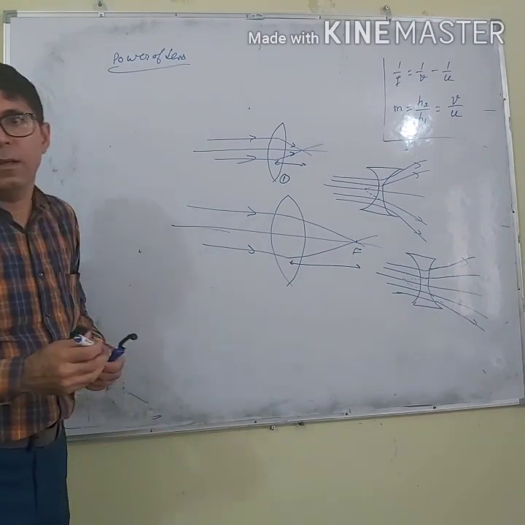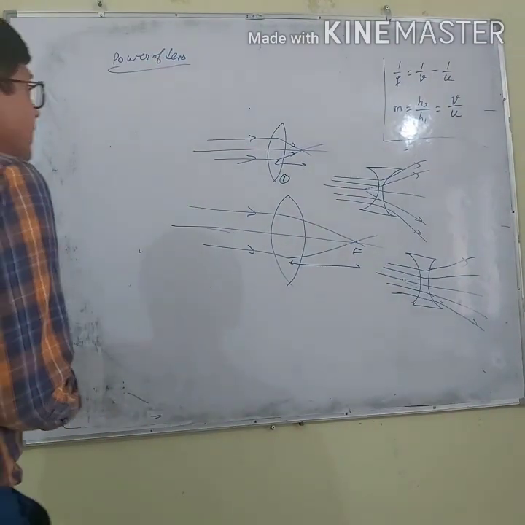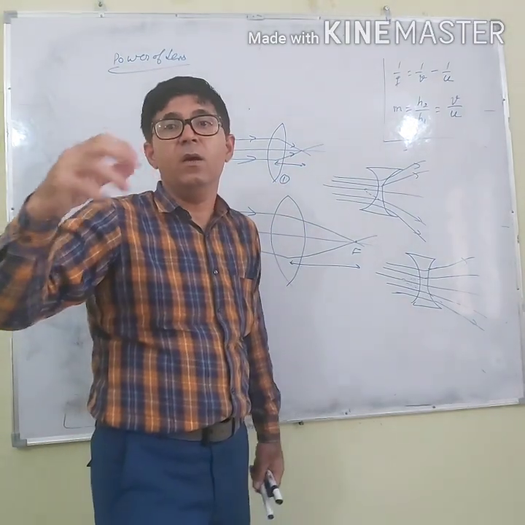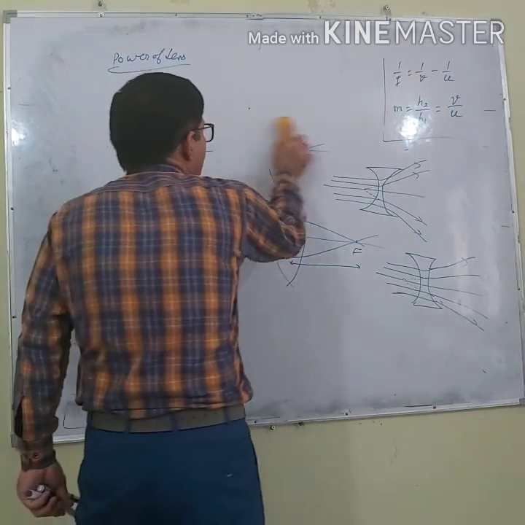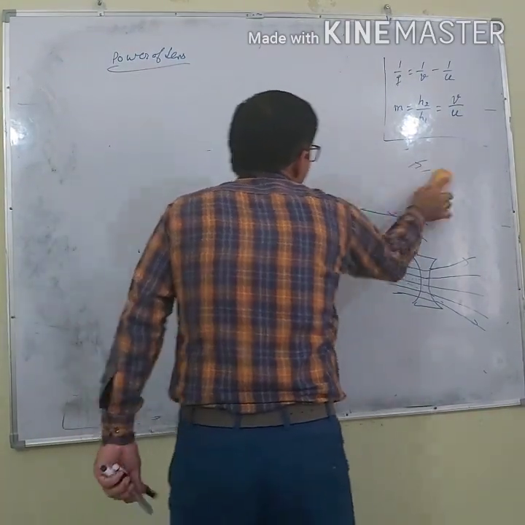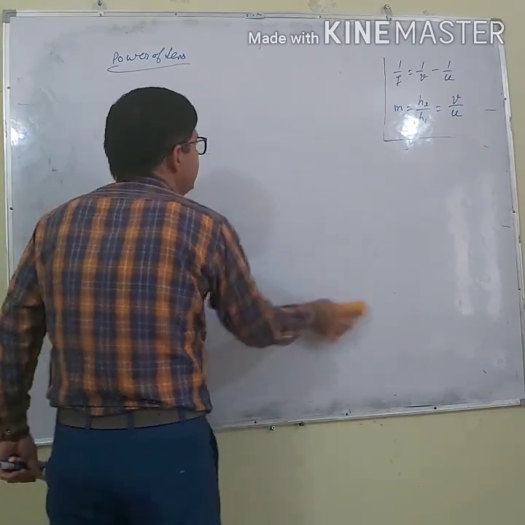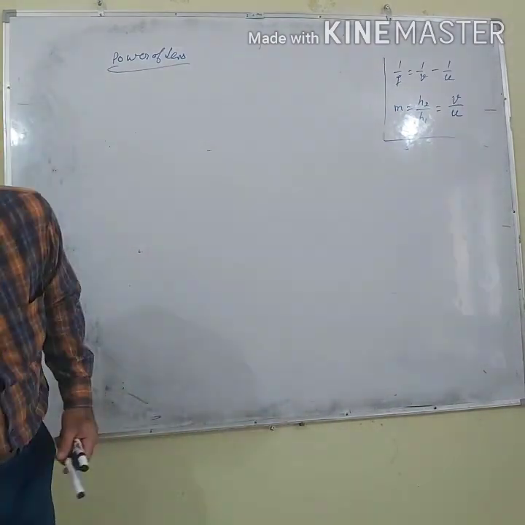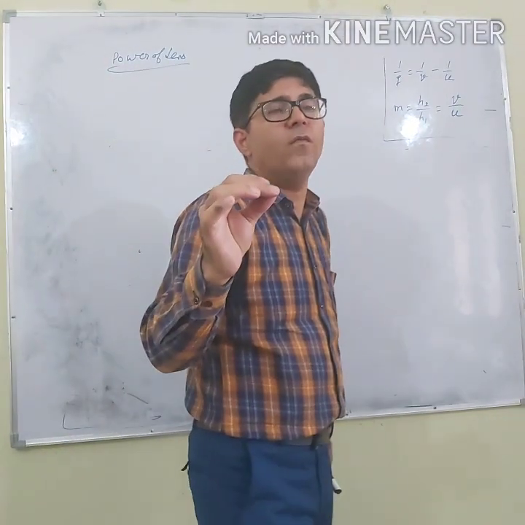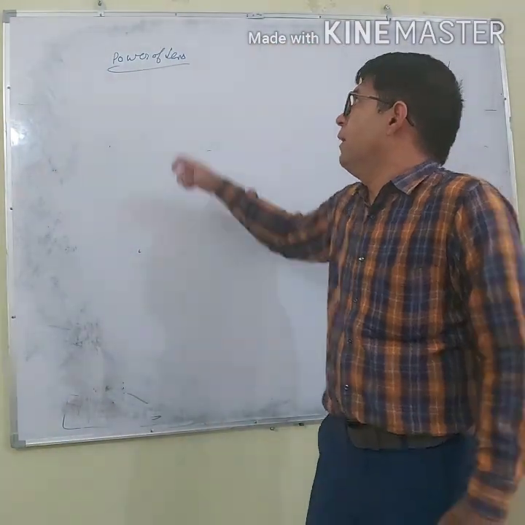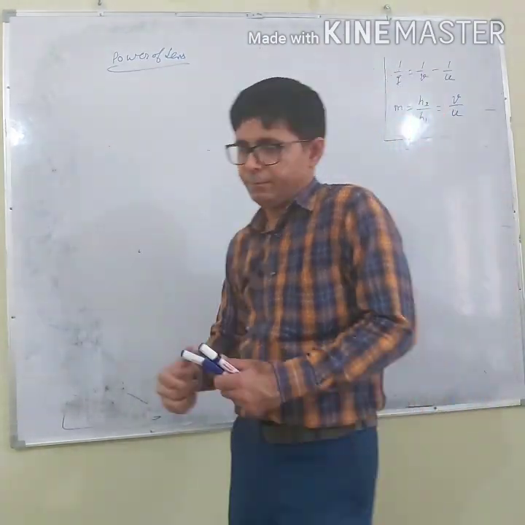So what does it mean? Power of a lens is the measure of converging or diverging, up to what extent a lens is able to converge or diverge the light rays. So how will I define the power? Power is the measure of degree of diverging or converging of a lens.